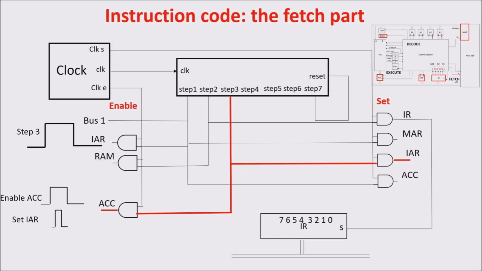As you saw, we have incremented IAR and fetched the instruction in the instruction register. Of course, the fetch part is always performed in the first 3 steps, because in the following 3 steps we have the decoding and executing part, no matter the kind of instruction we have.